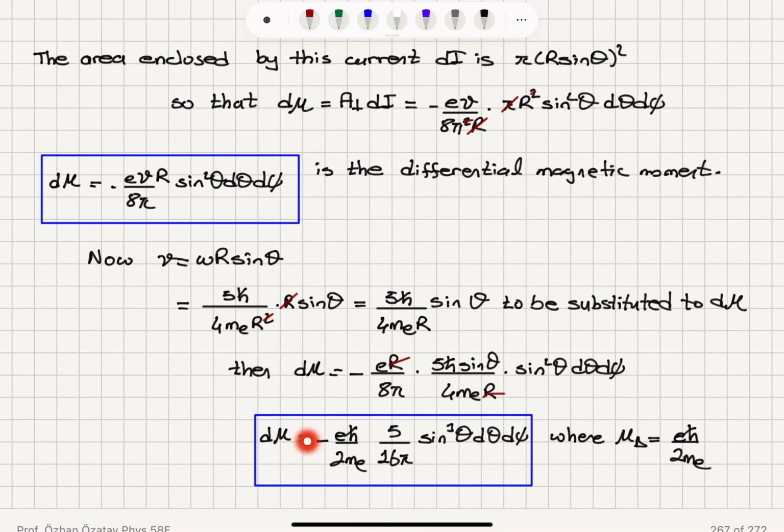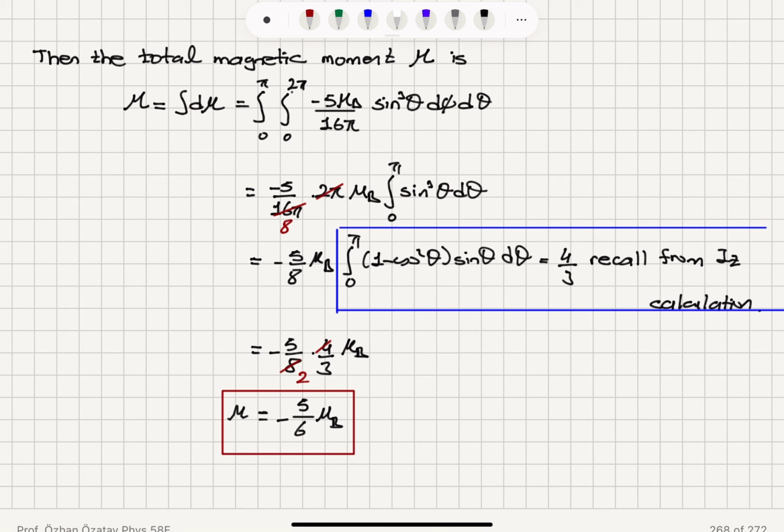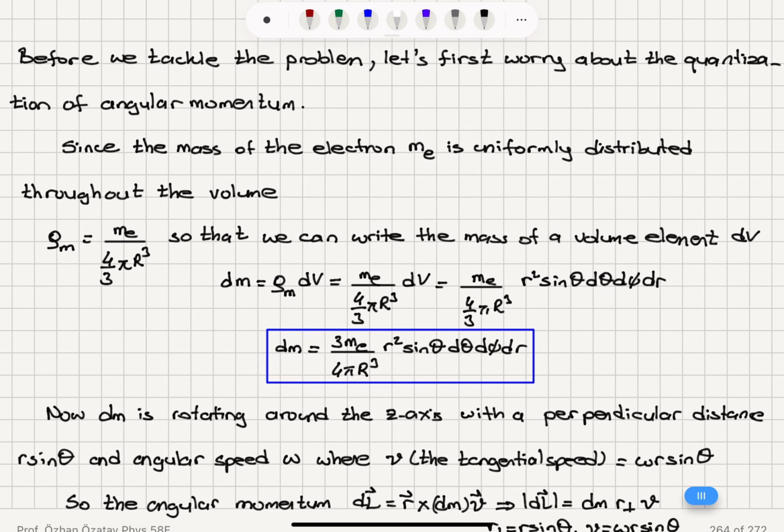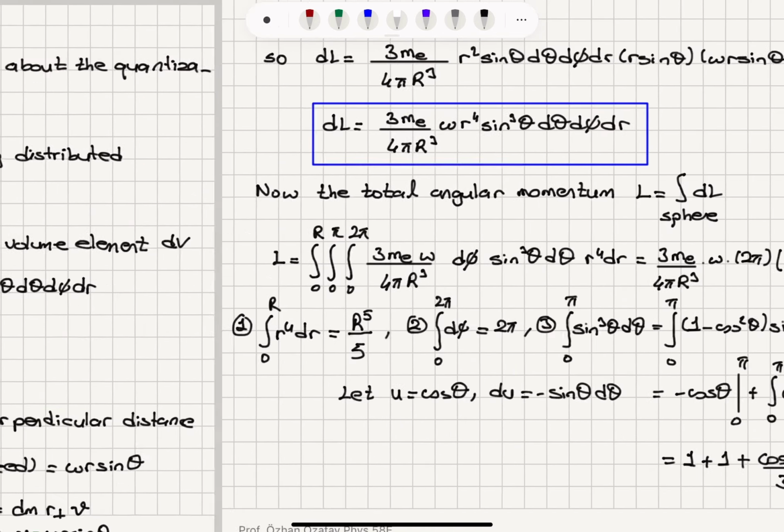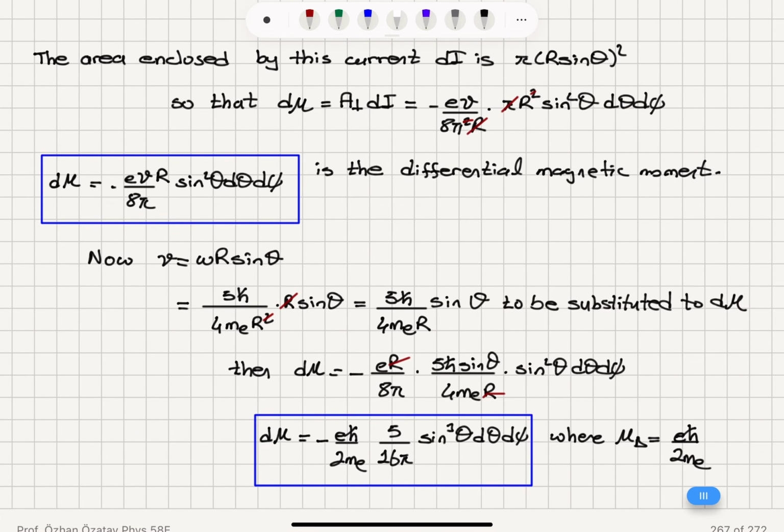And this d mu that we calculate, we can write it in terms of a Bohr magneton, which is e h bar over 2 m_e. Then we can integrate this over the full surface of the sphere in order to calculate the contribution from all current loops. This current loop, this current loop, this current loop, etc. They are all contributing to the magnetic moment.